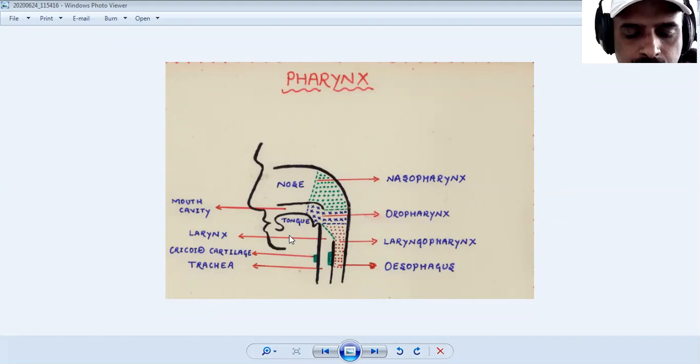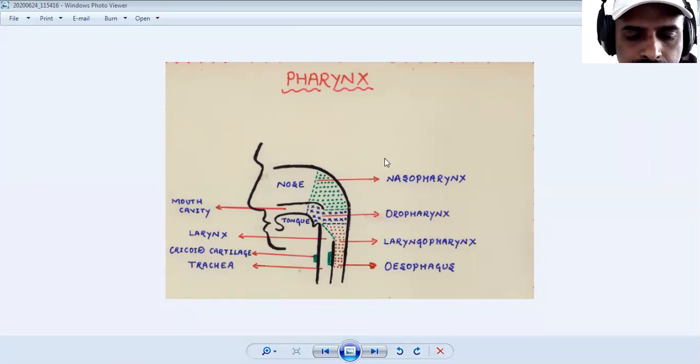Pharynx is a wide muscular tube situated behind the nose, oral cavity and larynx. Clinically it is a part of the upper respiratory passage where infections are common.